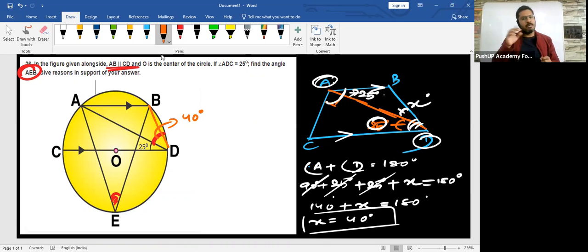Ask the question, what is angle ADB? It is the angle subtended by chord AB on the circumference of the circle. And what is that angle which you need to find? Angle AEB. That is also an angle subtended by the same chord AB on the circumference of the circle, isn't it? So you get angle AEB also equal to 40 degrees.